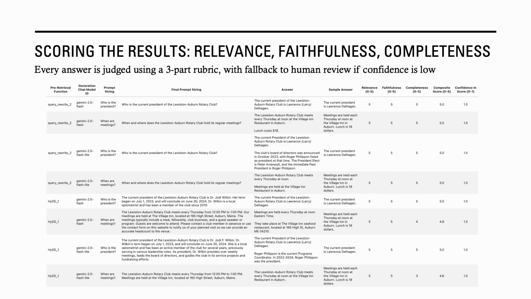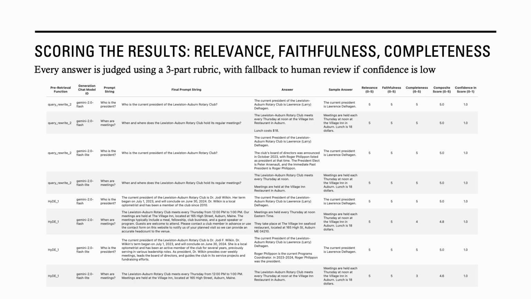Once the answers are collected, RAGLab scores each one based on 3 criteria: relevance, faithfulness, and completeness. These are each rated on a scale of 1 to 5, and then combined into a composite score. You can see that here in the output summary. For each question, we track the full pipeline configuration, the prompt used, the generated answer, and the score breakdown.